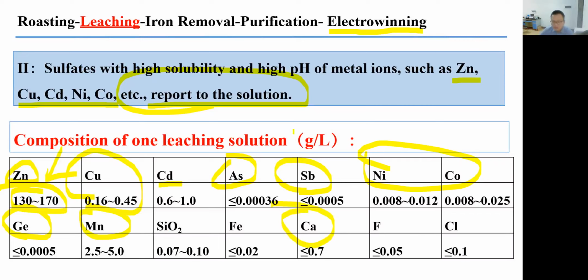And along with the increasing amount of secondary resources in the feeding materials, the halogens like fluoride and chloride in the raw materials are increasing, and the concentration of those elements is also increasing in the solution phase. So that's the composition of the leaching solution.